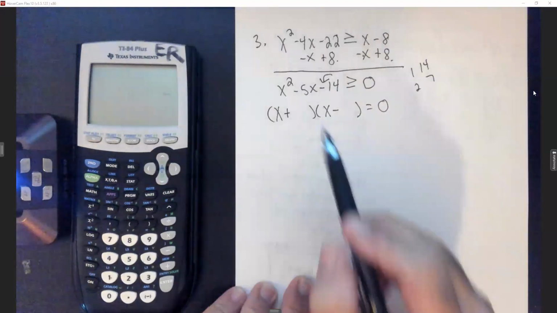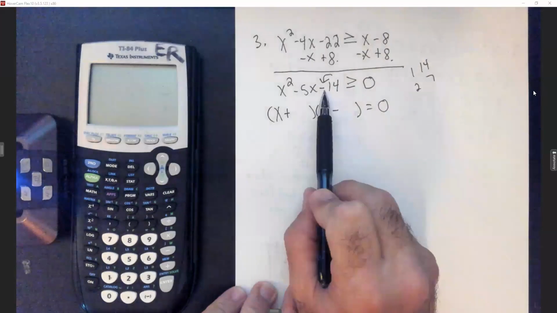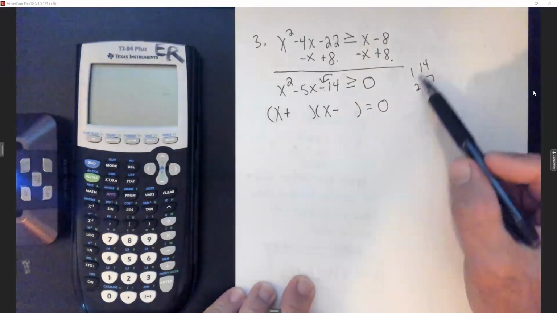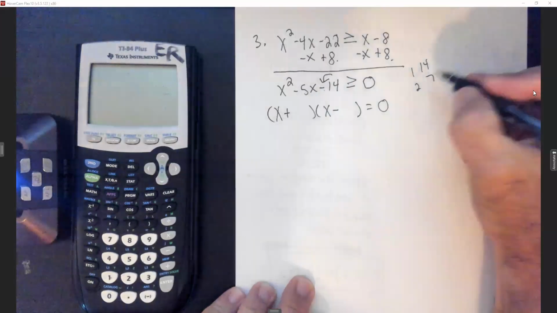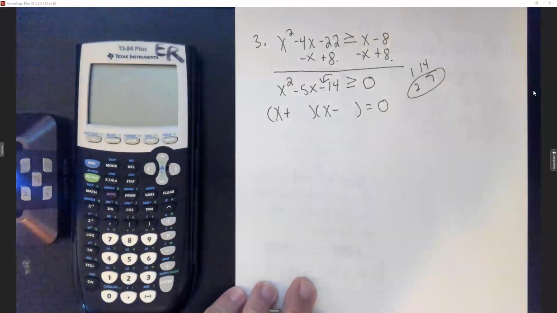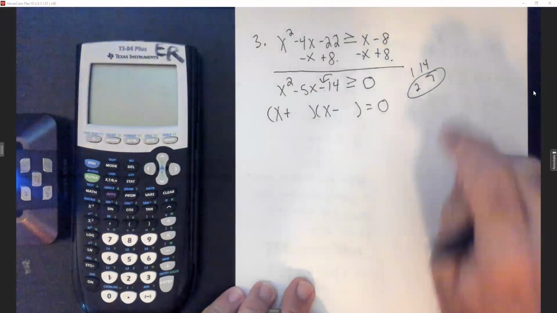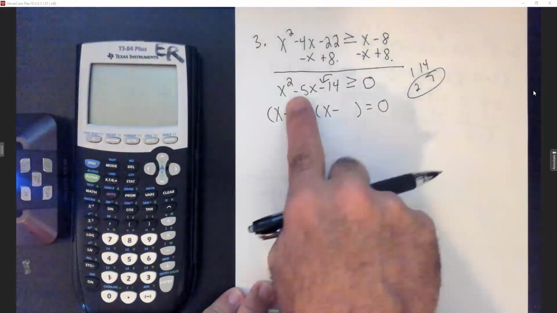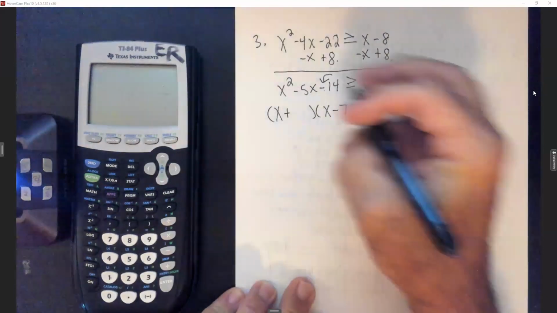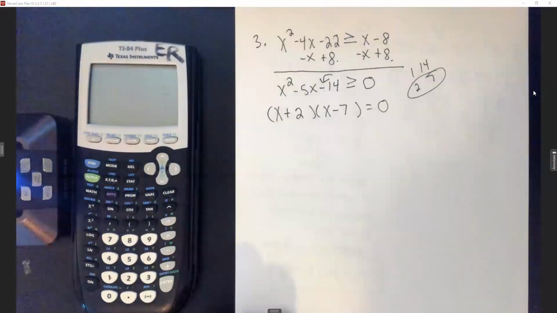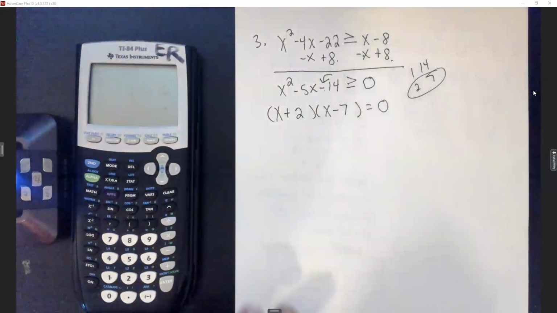Now, since the 14's got a minus in front of it, I want two numbers that subtract and get a 5. So that'll be the 7 and the 2. Remember, the larger number has the same sign as the middle. So since the middle's negative, the 7 has to be the negative and the 2 be the positive. All right, at that point, set both of them factors equal to 0.